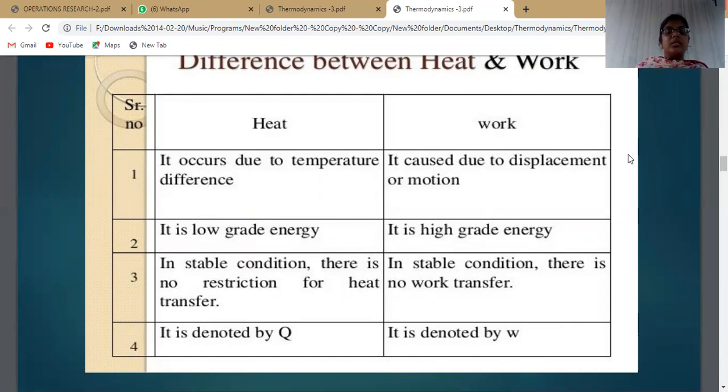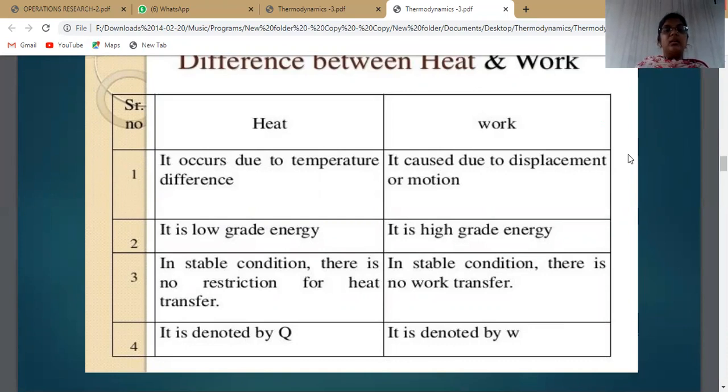Because it is continuously running, it loses some energy because of friction and so on. We give some amount of work, and the piston and cylinder is doing some work.